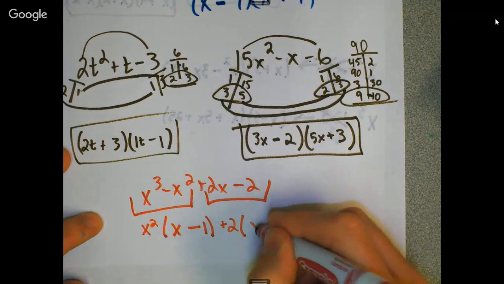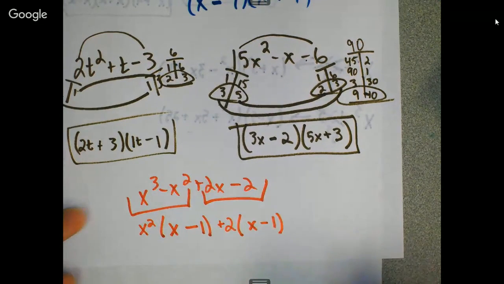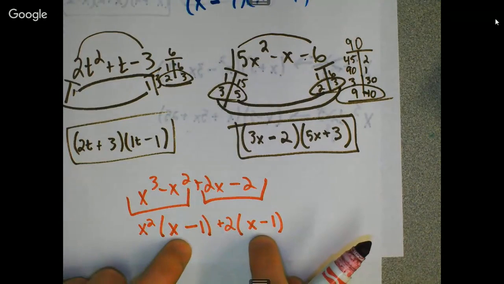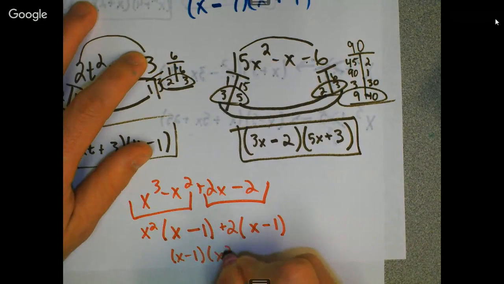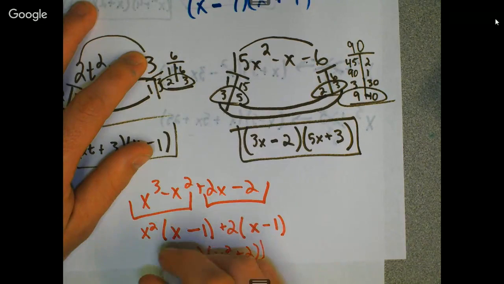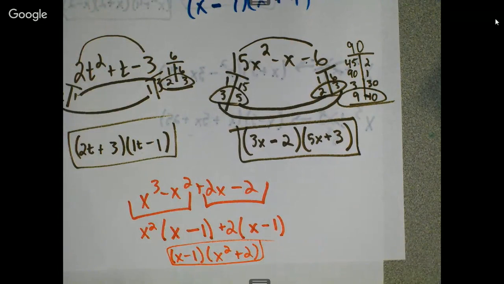We get x minus 1. Then you factor out your common factor there. So I'm going to factor out x minus 1, and I get x squared plus 2. Often you can factor this again, but in this case we cannot. I think we'll stop there.